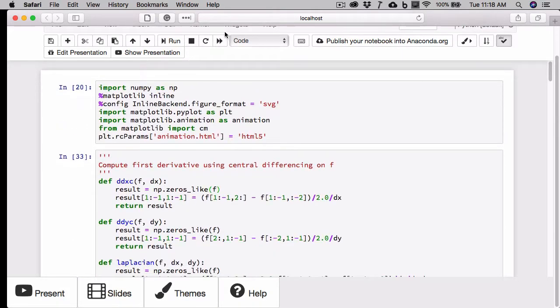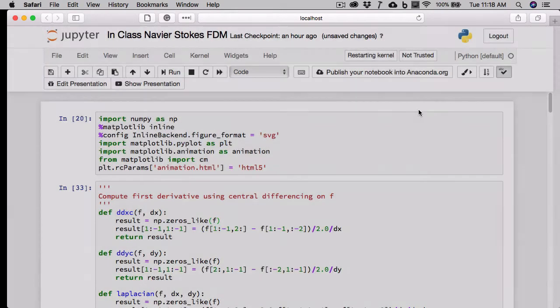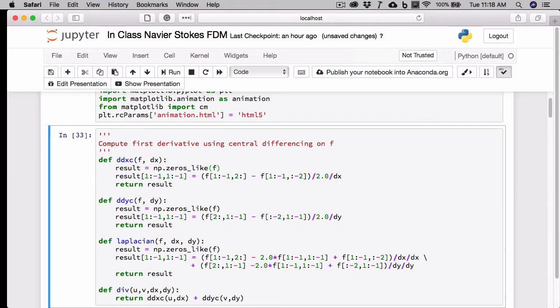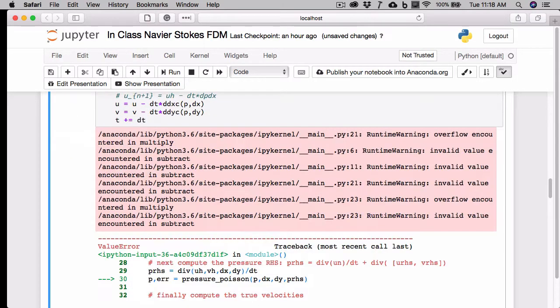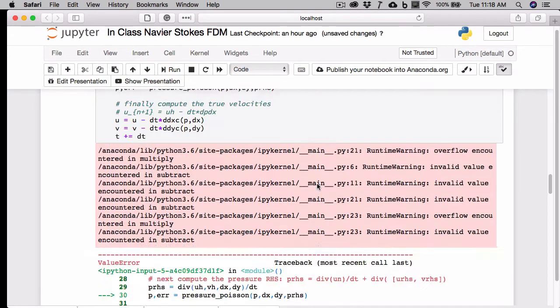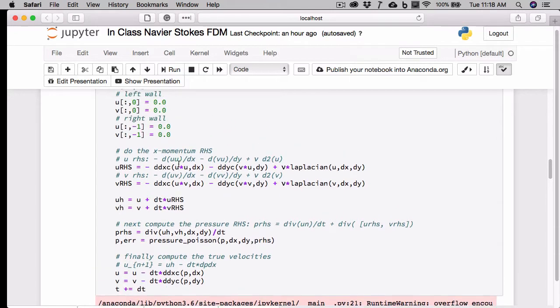Okay, the best thing to do is turn off everything. So we get all infected by bugs. This is still problematic. And the U right-hand side is ddx of u, VU, UH.